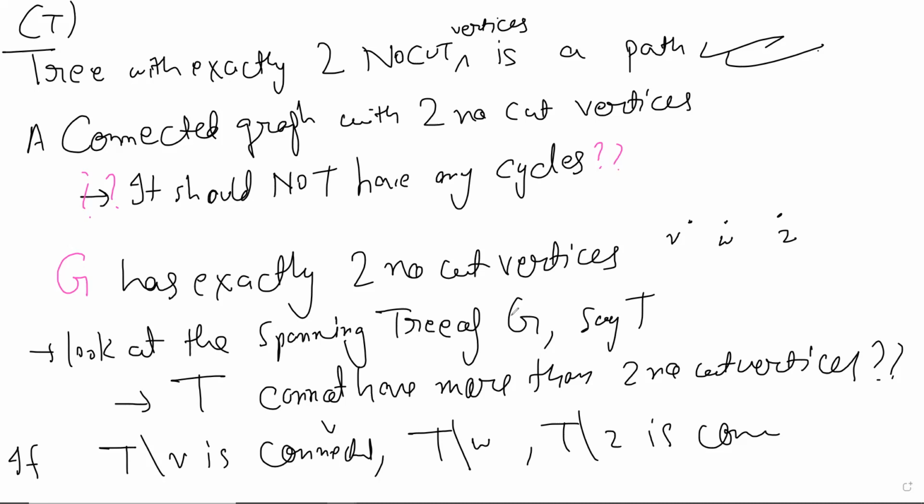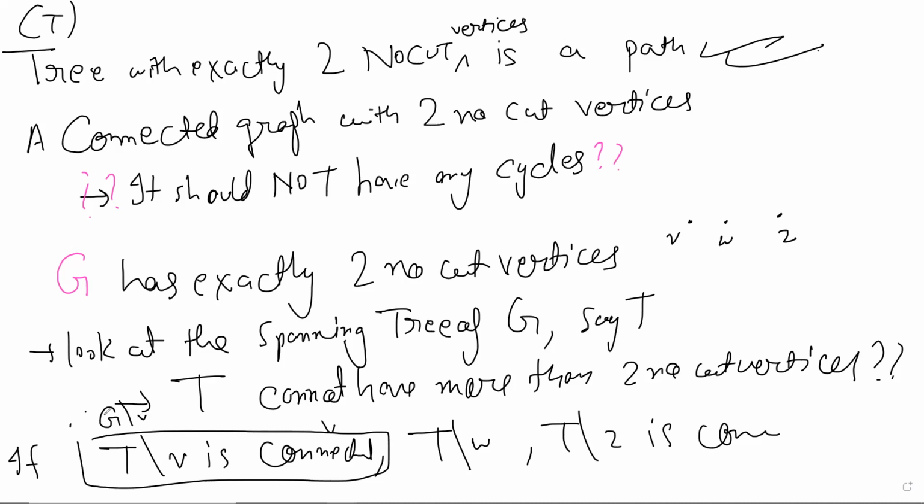Yeah, because if T has 3 of them, or let's just say if T has any no-cut vertex V, then V is also a no-cut vertex for G. If T minus V is connected, then G is a superset, G has more edges, so obviously it will also be connected.